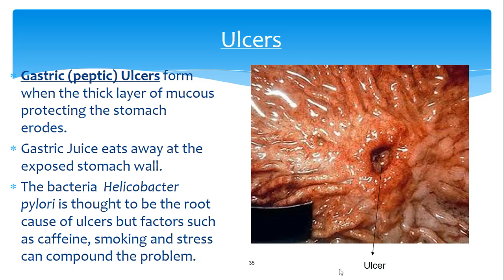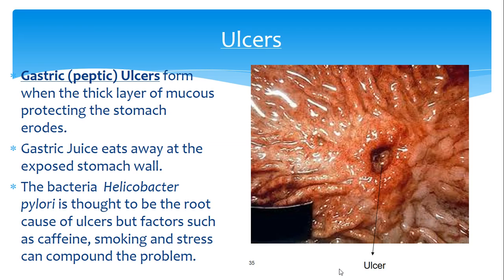So because of a bacterial infection, usually it's by that H. pylori, Helicobacter pylori, and it can cause damage to the mucus producing cells in that area, and that particular area of the stomach is not protected, and you can see that the pepsin and acid is burning a hole right through the stomach.